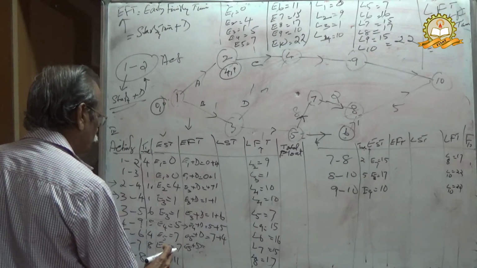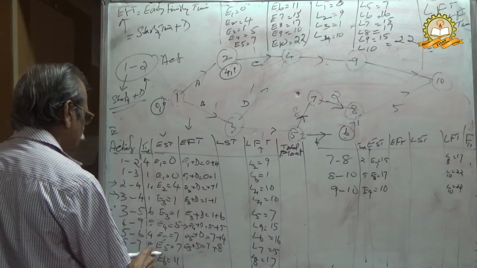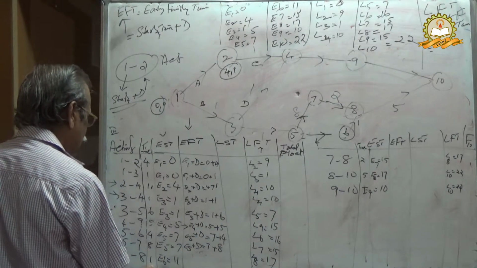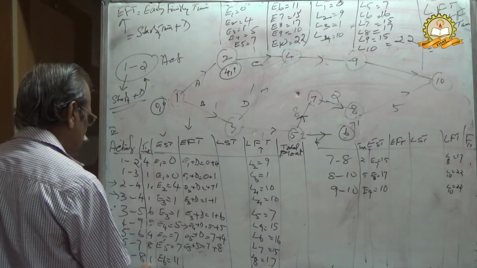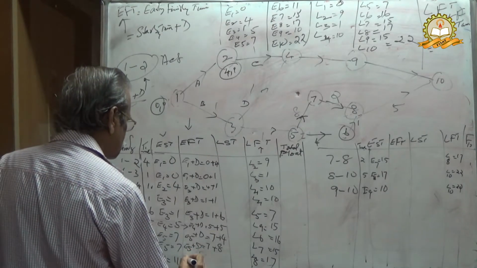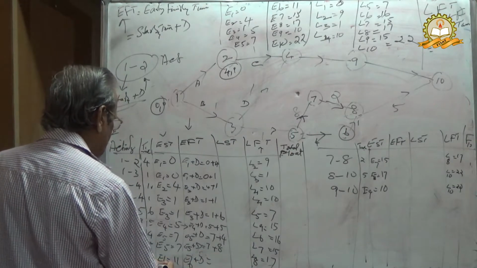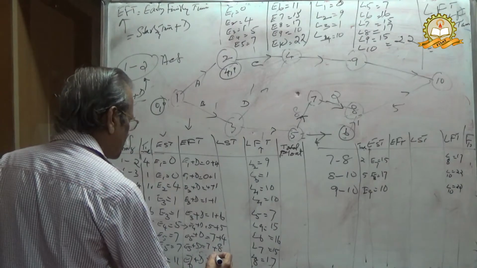E5 equal to 7 plus 8. Duration 8. 7 plus 8. And this one is E6 plus duration. E6 equal to 11 plus 1.